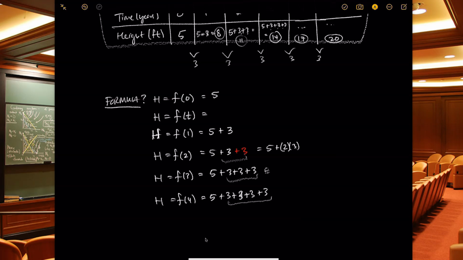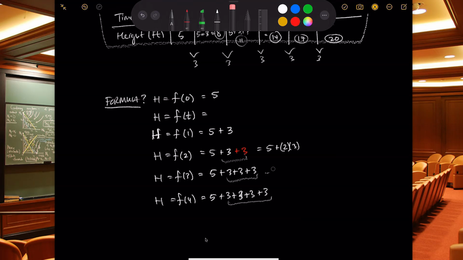How many 3's do I have here? Well, I've got 3, right? This is the same as 5 plus 3 times 3. How about here? This is 3 plus 3 plus 3 plus 3. It's 5 plus 4 times 3.